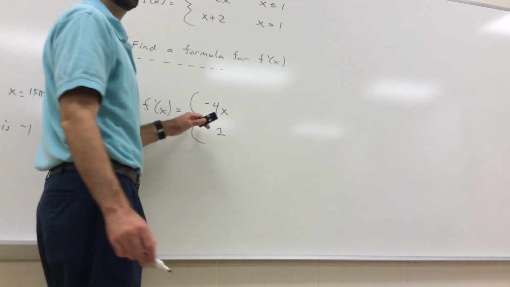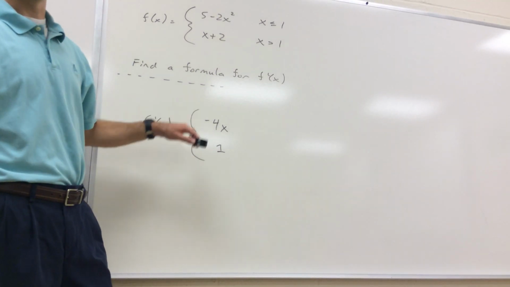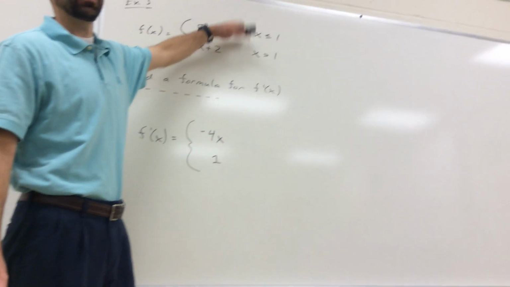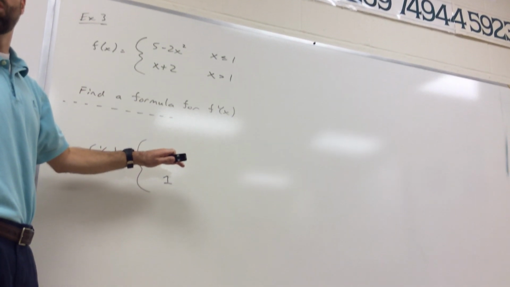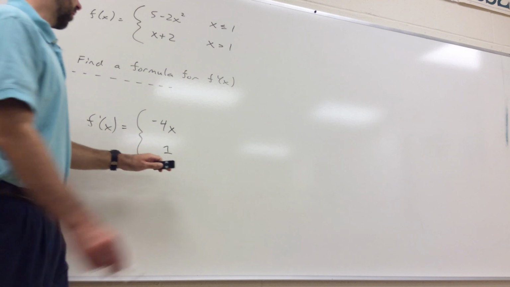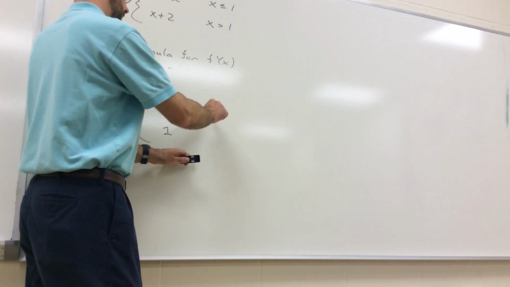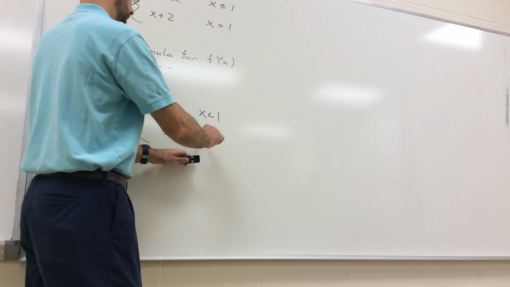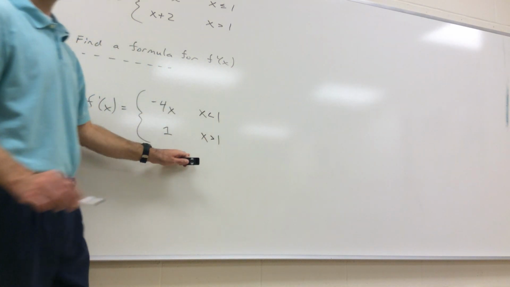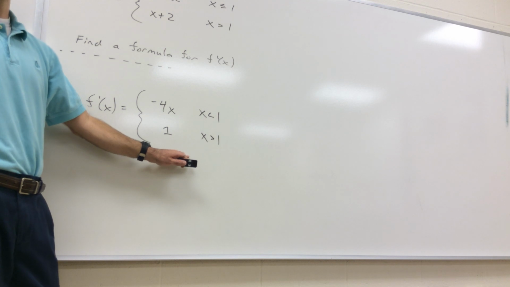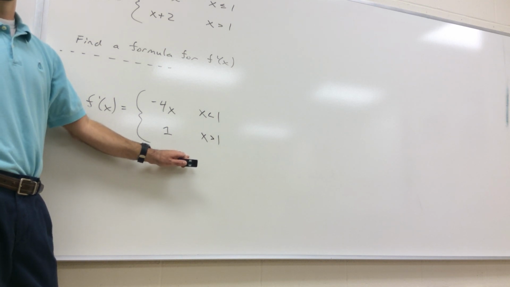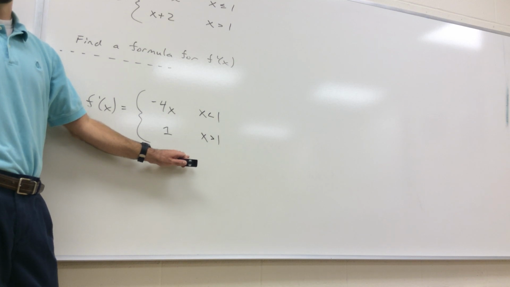And the tricky part is that doesn't work at the break. So the break between these two functions is at 1. So far, this is what we have. The quick shortcut works most of the time, but it doesn't work at 1.